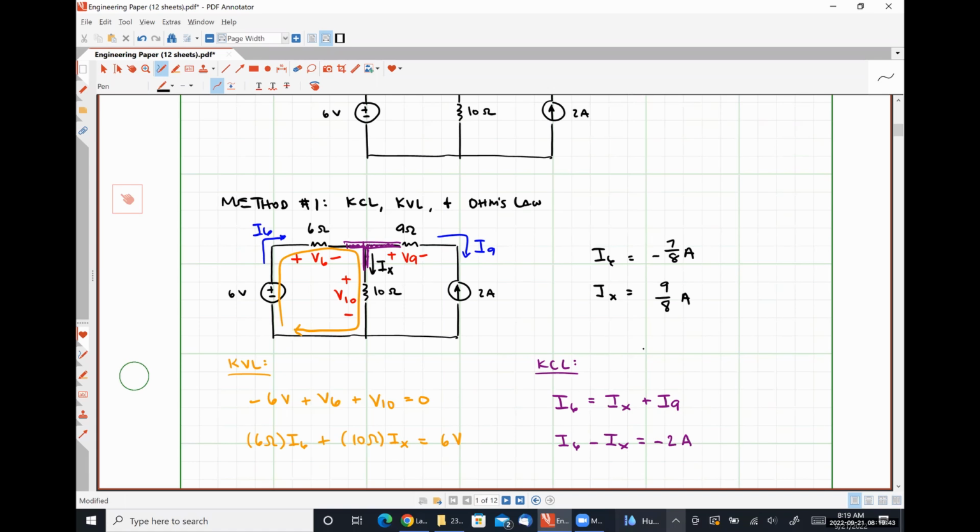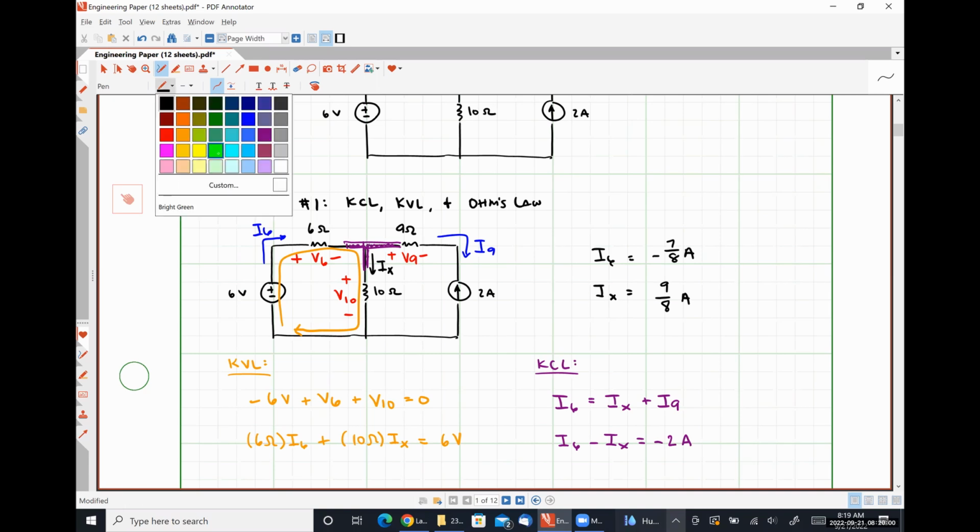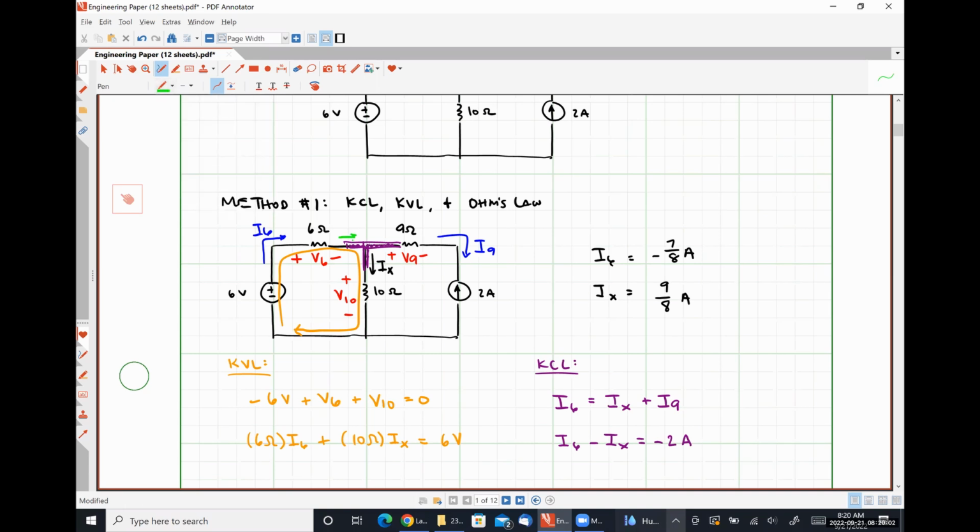Yes, sir. Can you explain the sign convention on your first KCL? Because to me, it looks like IX and I6 would be going the same direction. So I am using, let me do it in this color, this current in is equal to this current out plus this current out at this node.